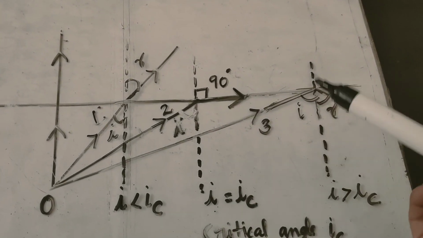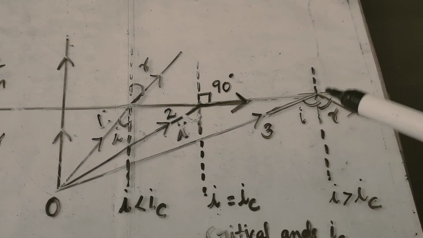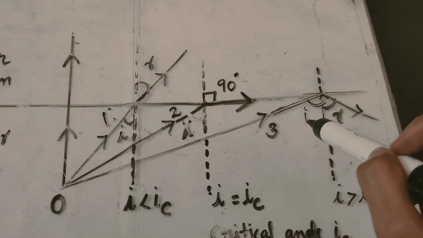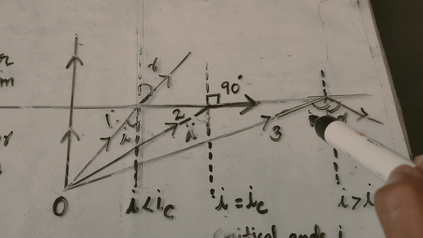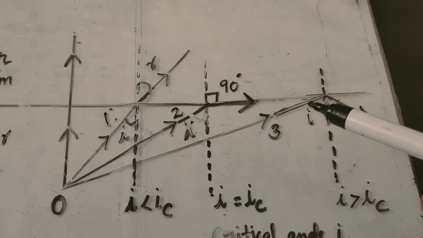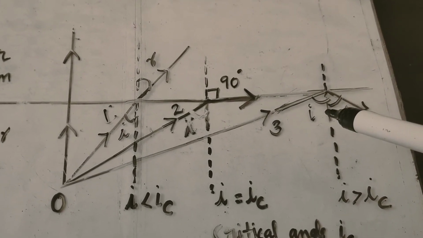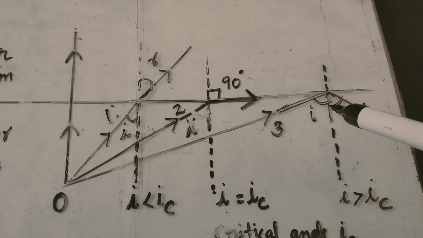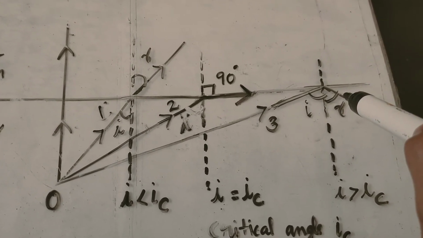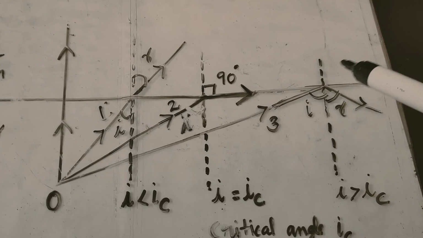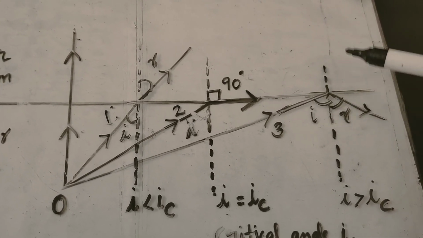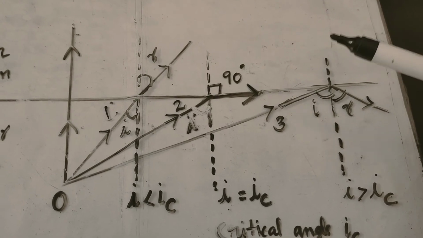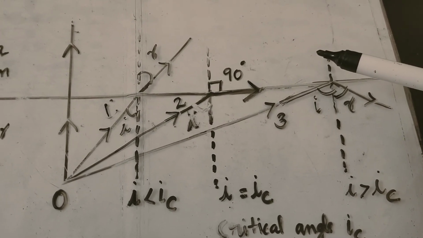Then still we increase the angle of incidence. For the third ray, we can see that the angle of incidence is greater than the critical angle. Then what happens? Here we can see that no light is refracted into the rarer medium. This is the rarer medium, but no refraction is visible here.